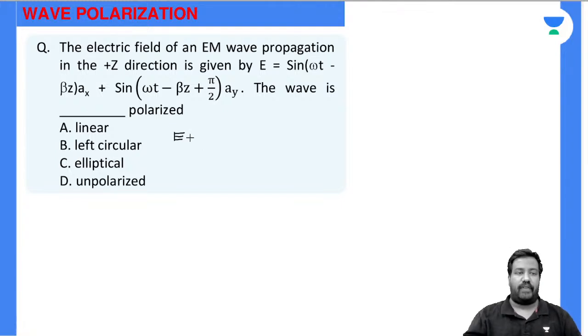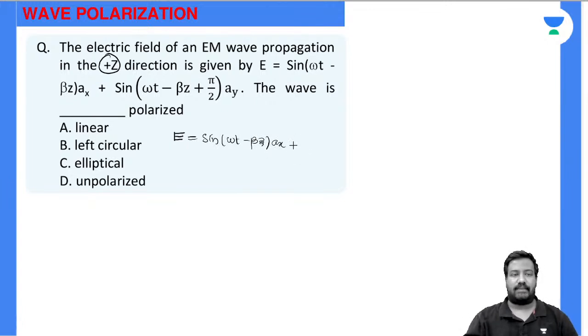Electric field of an EM wave propagating in the positive Z direction is given by E is equal to sin(omega t minus beta z) ax plus sin(omega t minus beta z plus pi by 2) ay.